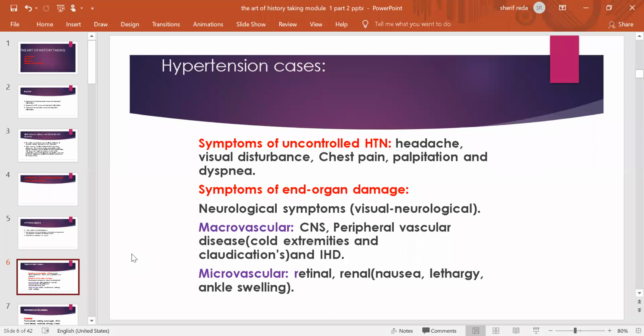This is in the history of present illness, after analysis of the complaint of the patient and starting to ask about the system disordered.